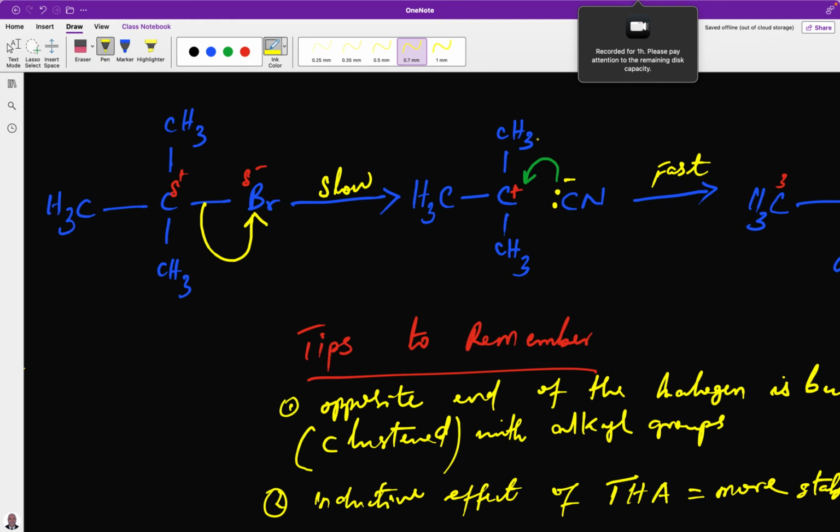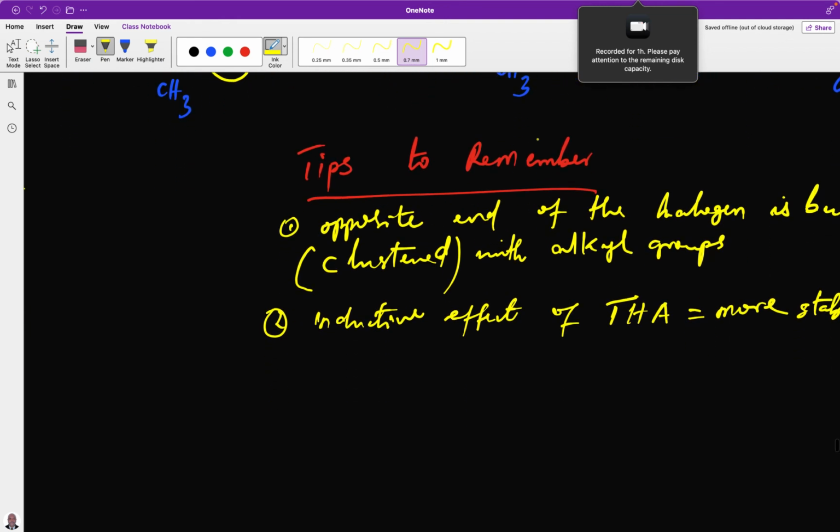Then, secondly, secondary halogenoalkanes can react by SN1 or SN2. They can either react by SN1 mechanism or by SN2 mechanism. Why do I say they can react by SN1 or by SN2?